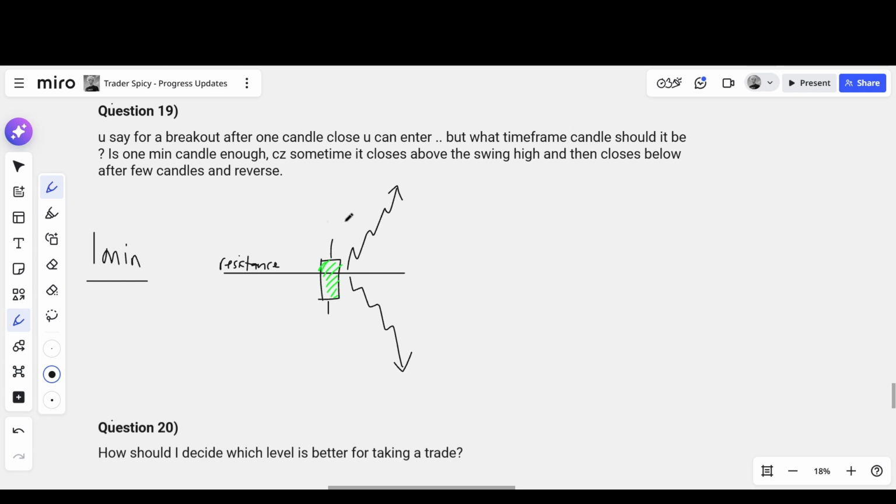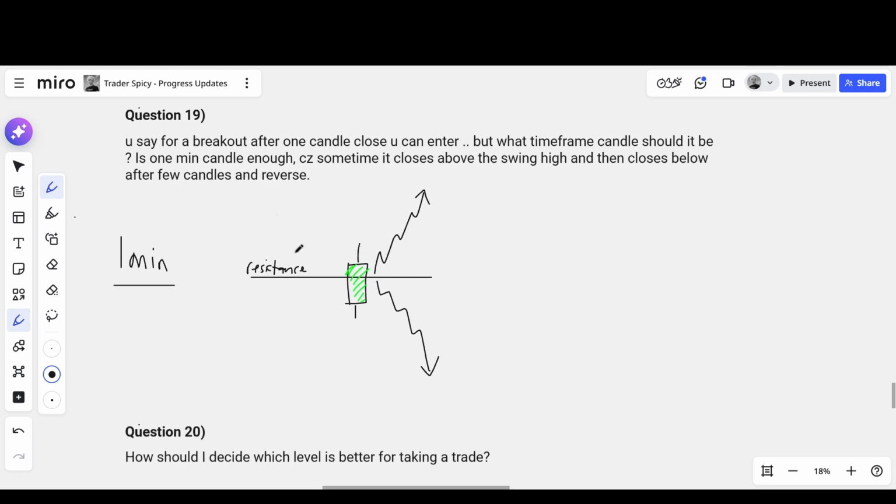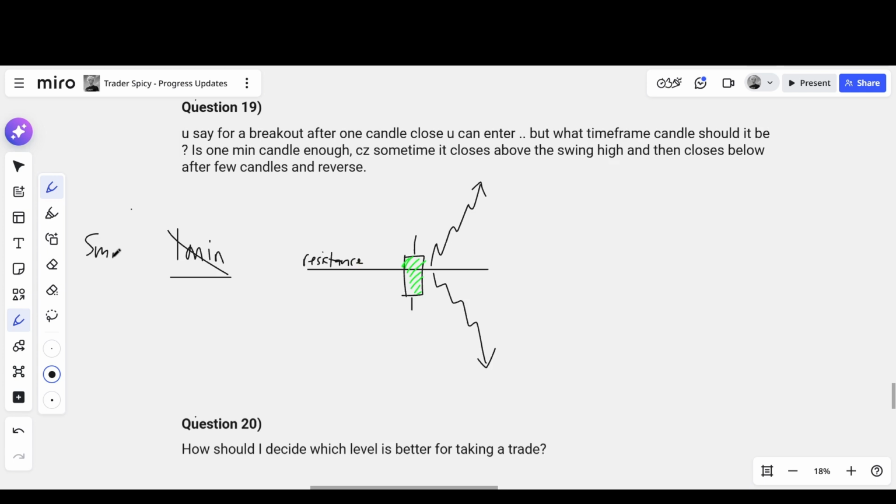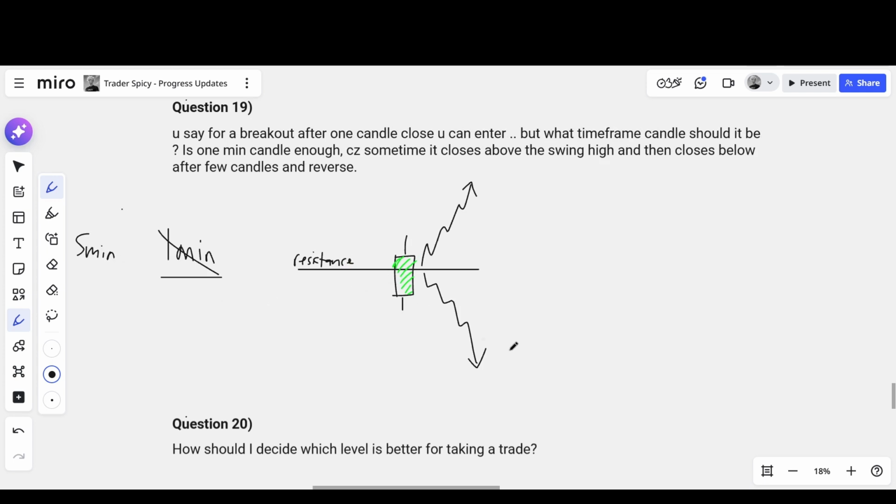In fact, it doesn't even matter what rule I use for the entry, whether it's one candle, whether it's two candle closes above resistance, whether it's three candle closes, whether I switch the time frame out for something else. If I change the rule entirely, if I say it's not one candle close above resistance, but one candle close above a moving average.